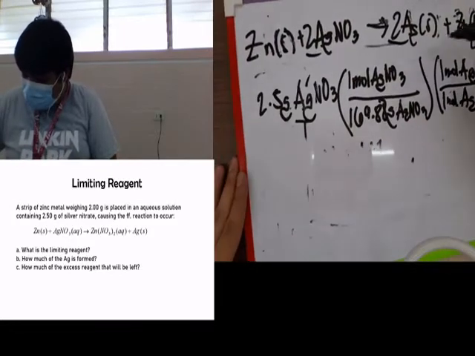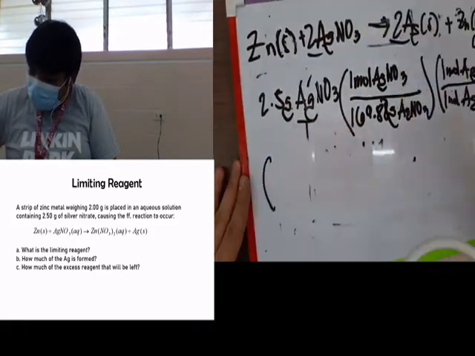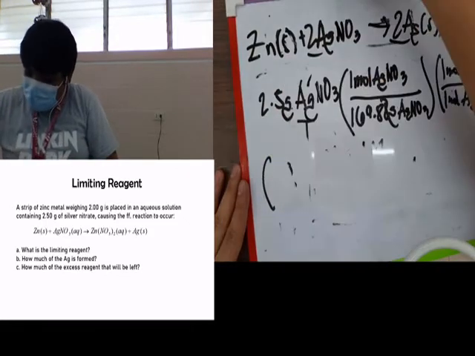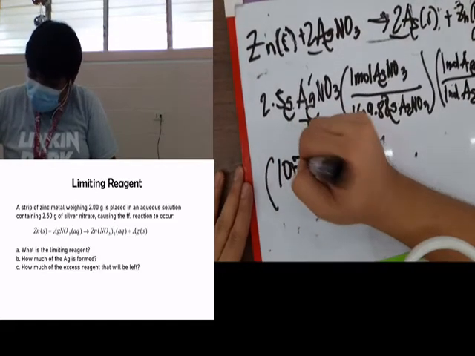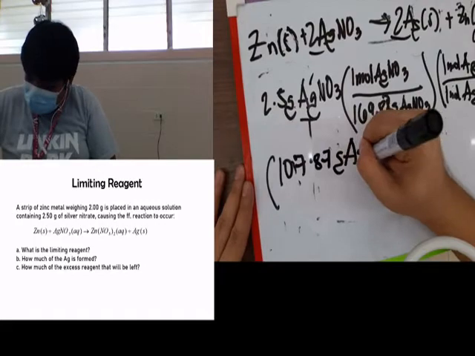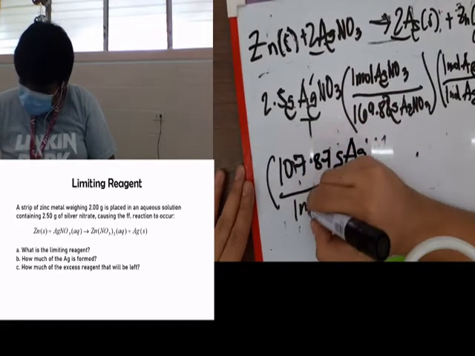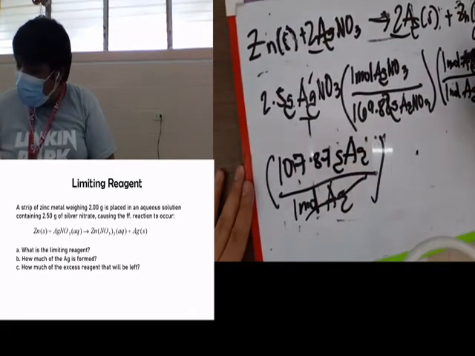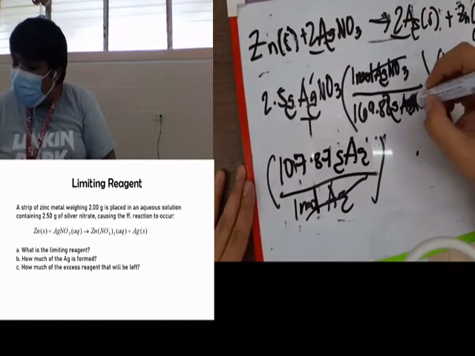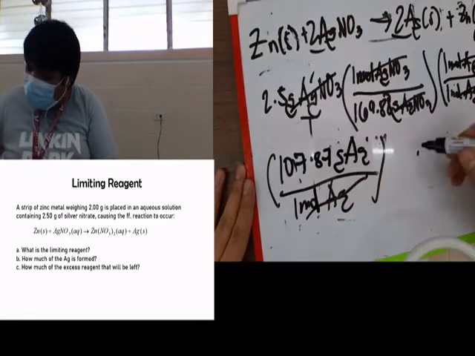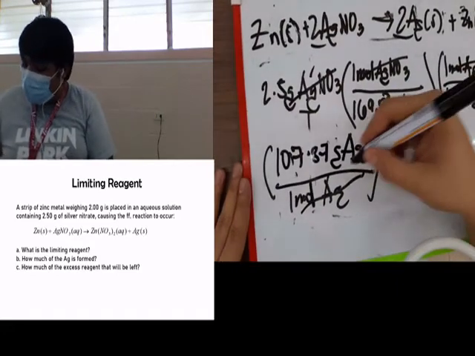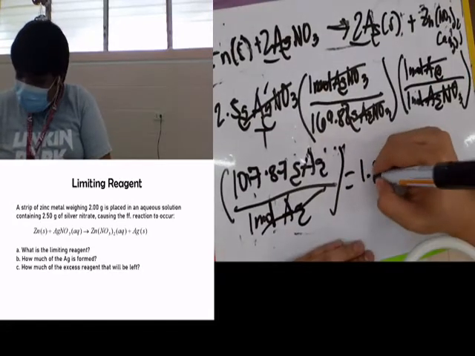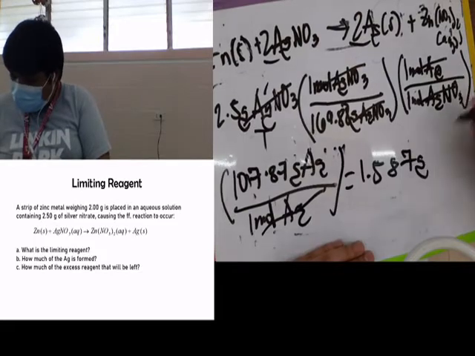Then you convert this to grams using its molar mass. So 107.87 grams silver over 1 mole silver. So again, cancel out the units such that the unit of the unknown is the only one left. If you can see here, only the gram silver is left. That means my conversions are correct. And your answer will be 1.587 grams silver.